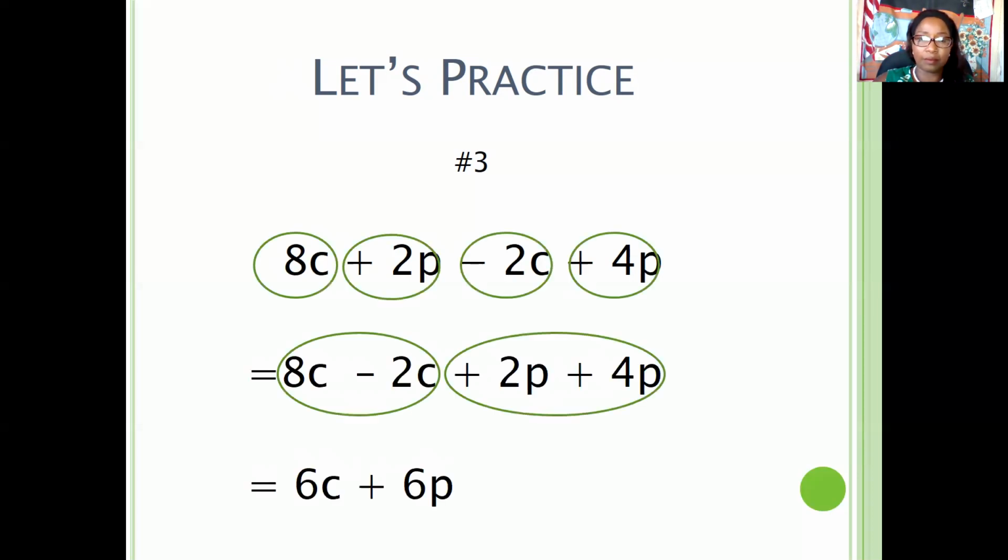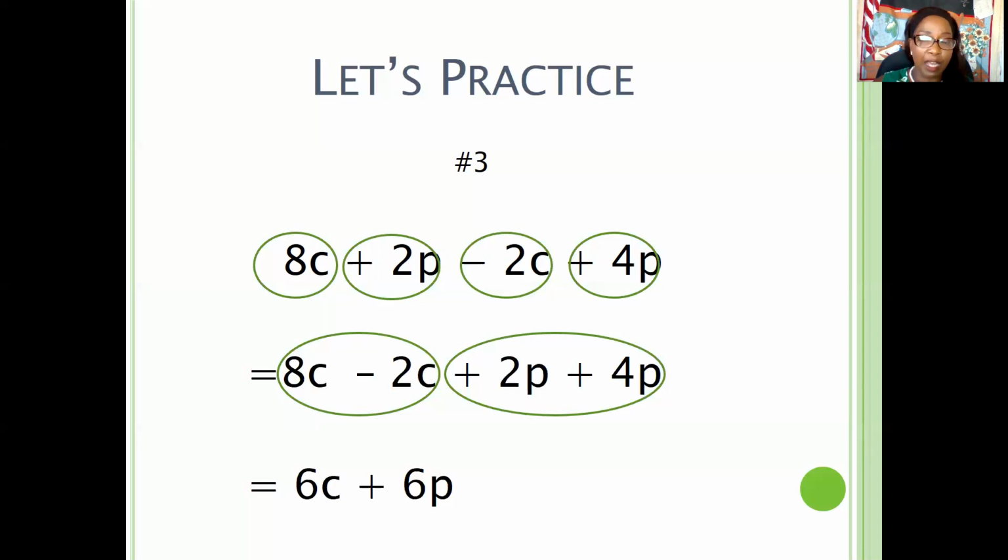So, we have 4 terms: 8c, 2p, 2c and 4p, but we have to keep the operations in front of those terms. So now when we collect them on the second line, we have 8c minus 2c plus 2p plus 4p.